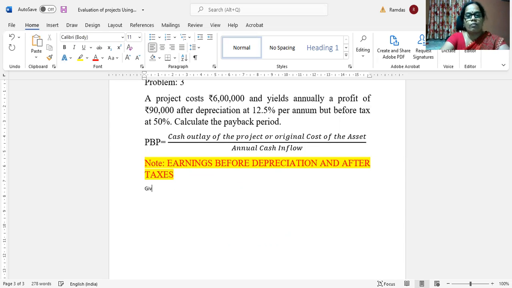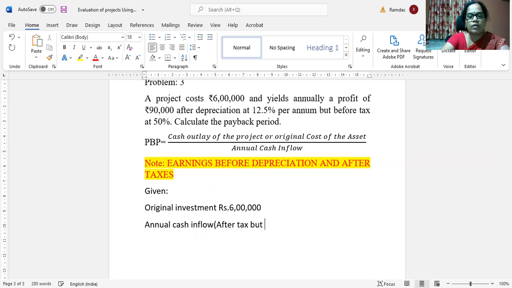So given, let me make the font size bigger. So given original investment, the numerator is given. Original investment is how much? Rupees 6 lakh. Now you require annual cash inflow, and that we require after tax but before depreciation.